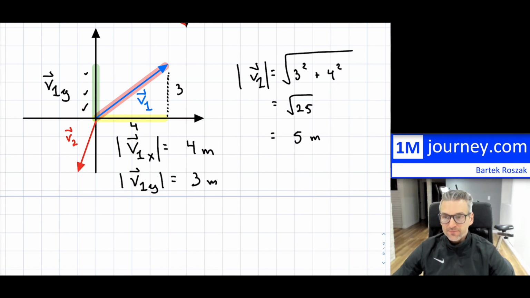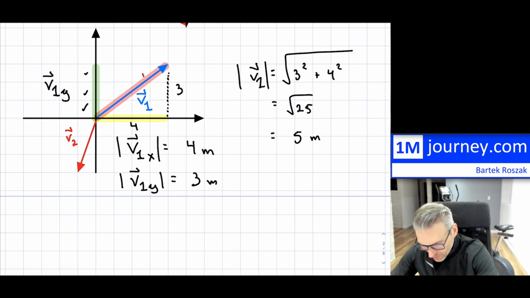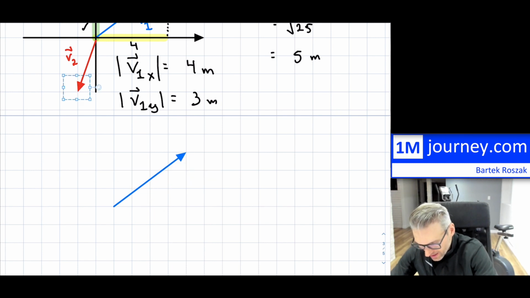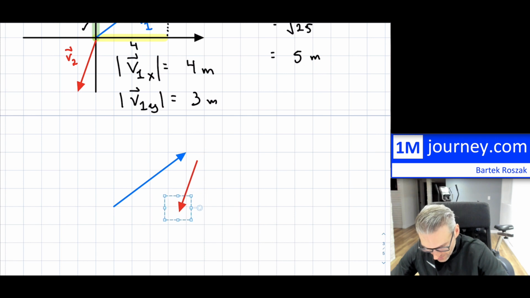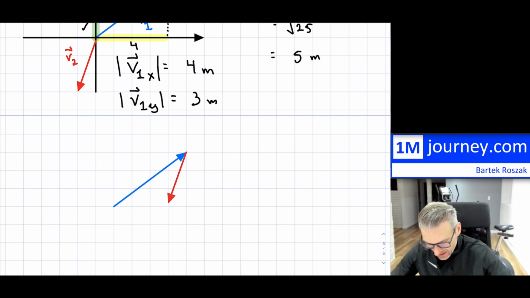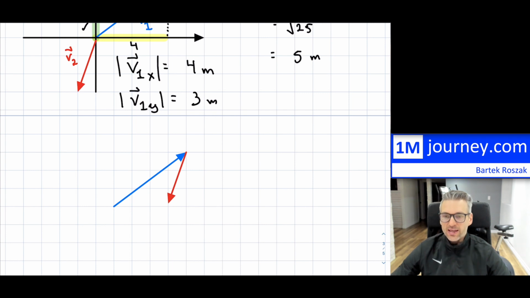Now this one, in terms of adding these two up, is not going to be as easy. So notice, I'm going to just duplicate it so that you can see it. Really that is my V1, and then here is my duplicate V2. If I was doing this, this is how it would look. And this is the actual result that I would be carrying out, whatever that result might be.